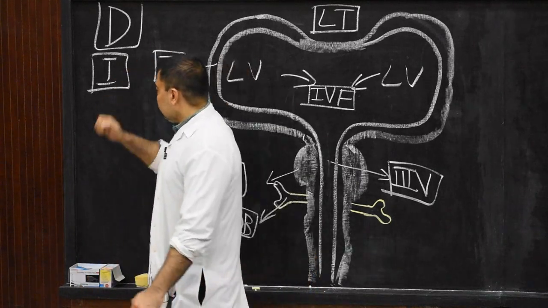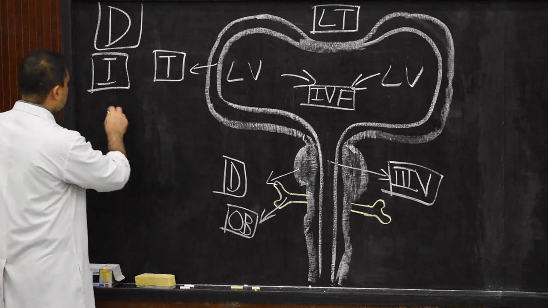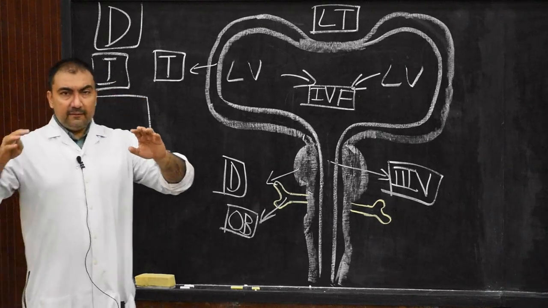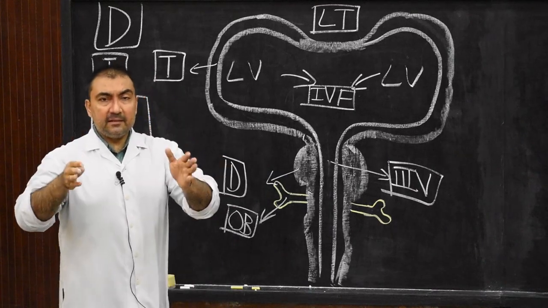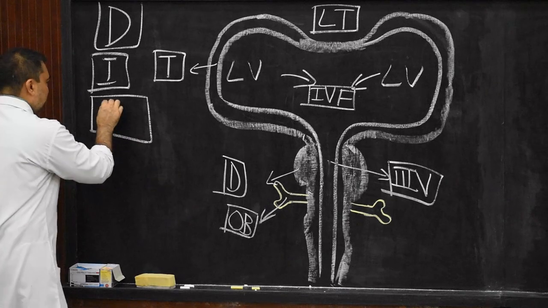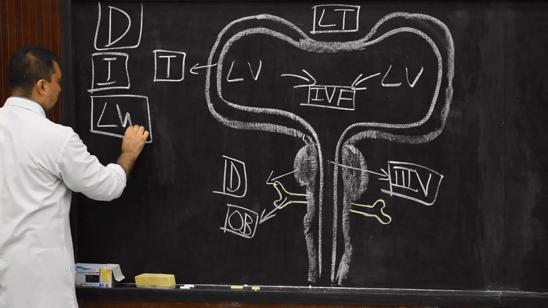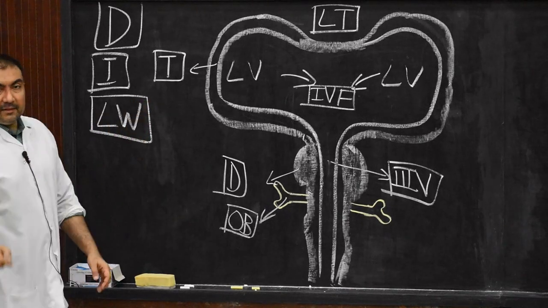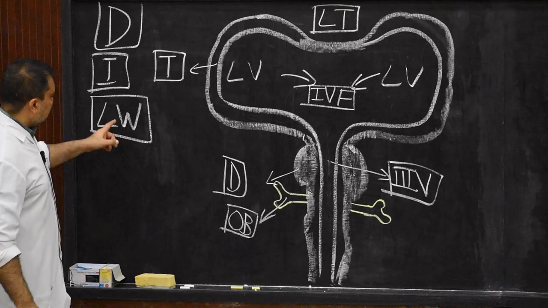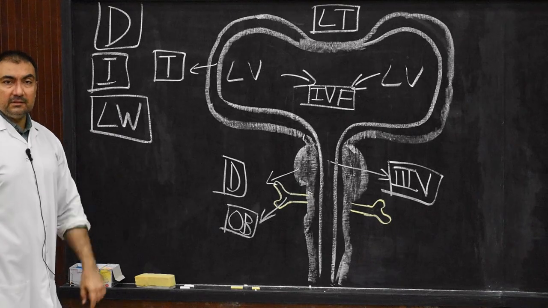Now the second point. Always remember that the diencephalon means there will be two thickened lateral walls, on the right and the left side. So we start with the lateral walls. They are a very important structure in the diencephalon. In gross neuroanatomy also, we usually discuss the lateral walls of the diencephalon.